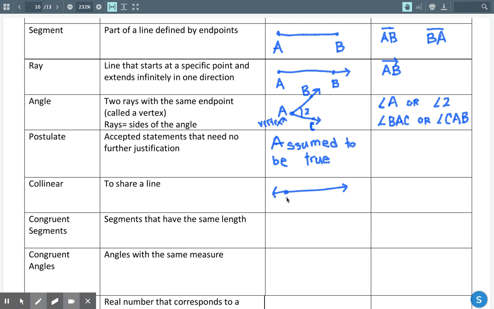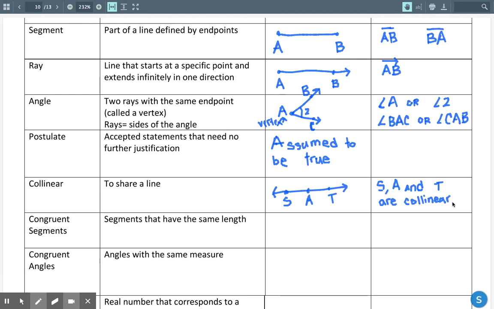So let's say that this is S. This is, I'm just going to make up letters, A, and this is T. S, A, and T are collinear because they are all on the same line.